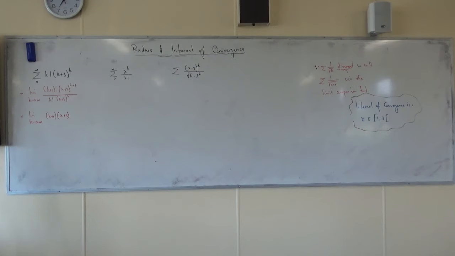What does this mean? Yeah, it'll always diverge, won't it? So, what's the radius of convergence?